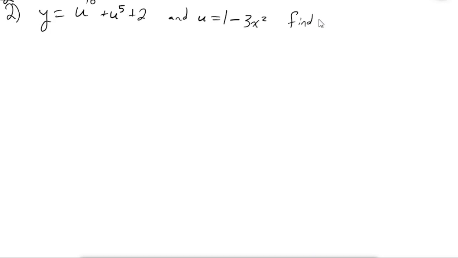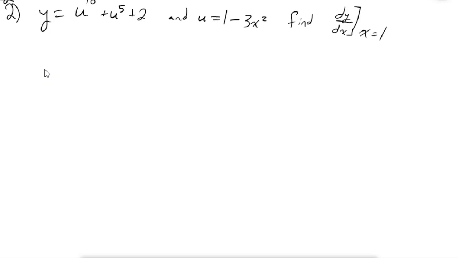So example number 2. If y is equal to u to the power of 10 plus u to the power of 5 plus 2, and u is equal to 1 minus 3x squared, find the derivative of y with respect to x at the point x equals 1.